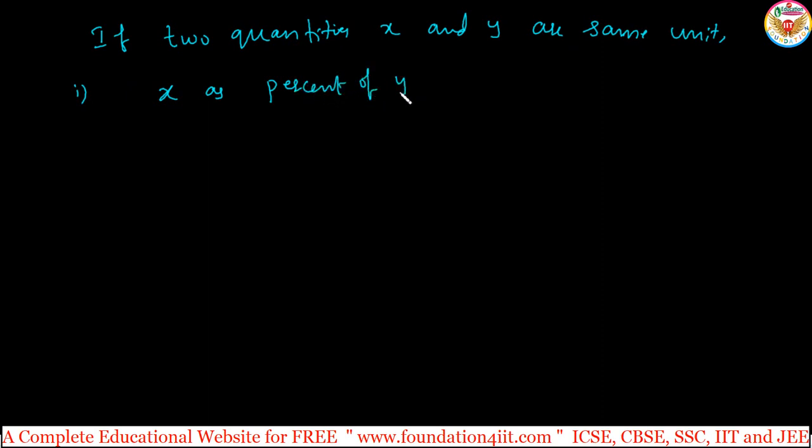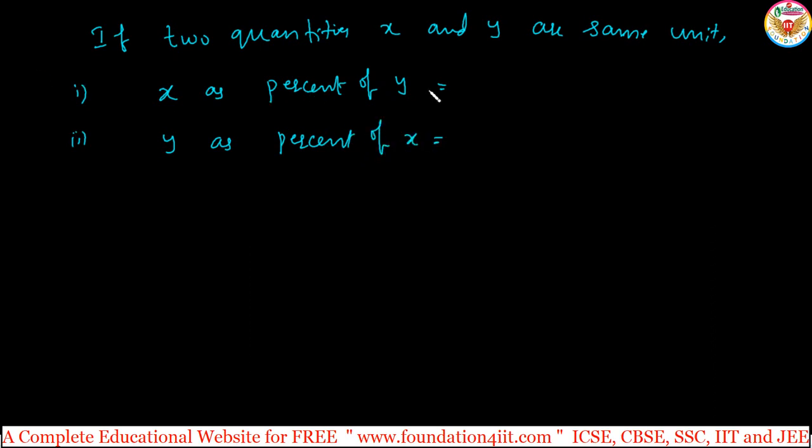If two quantities, say x and y, are in the same unit, and only when they are in the same unit can we use this rule, then first, x as percent of y, or else second, y as percent of x.